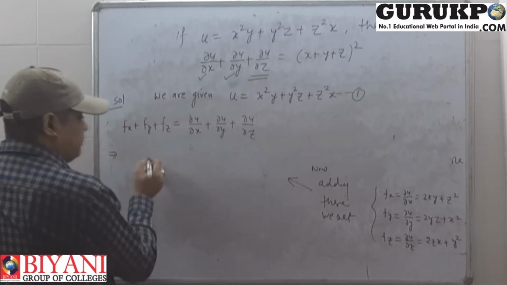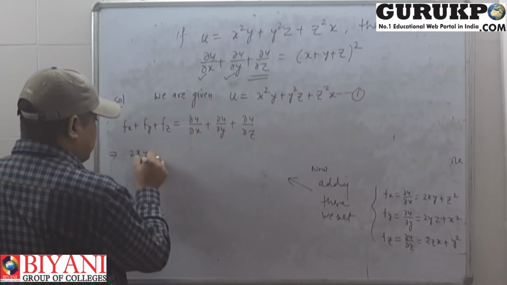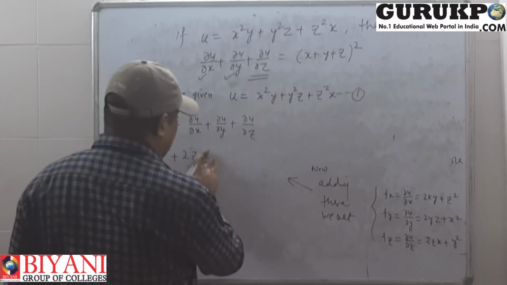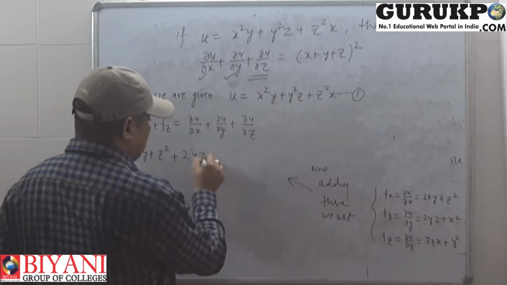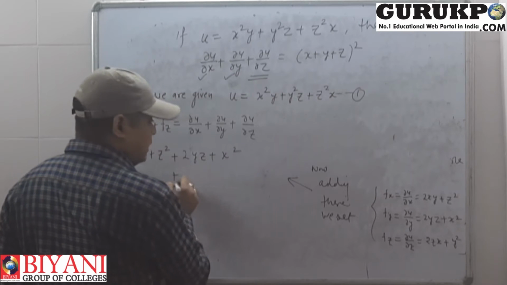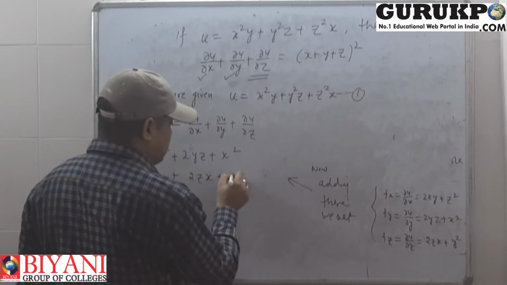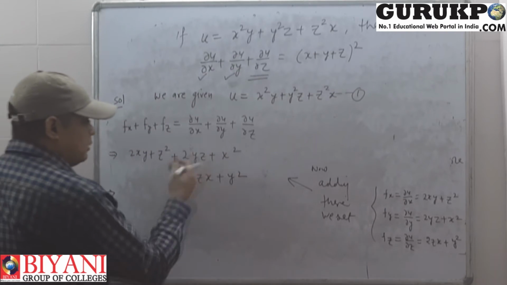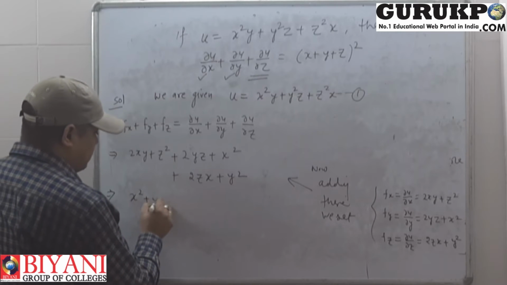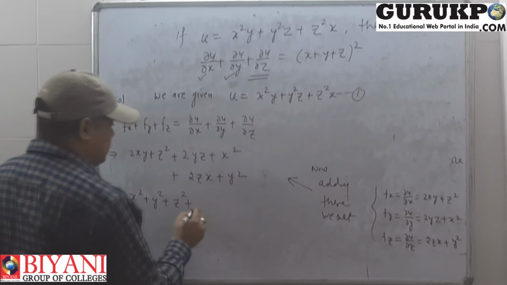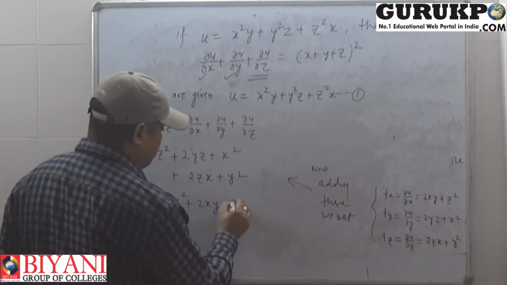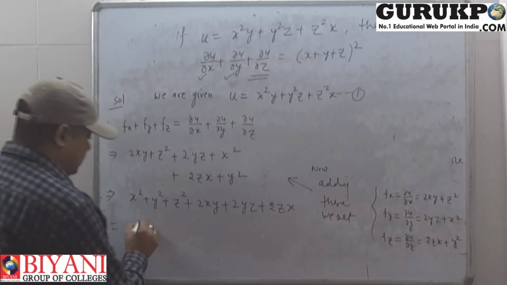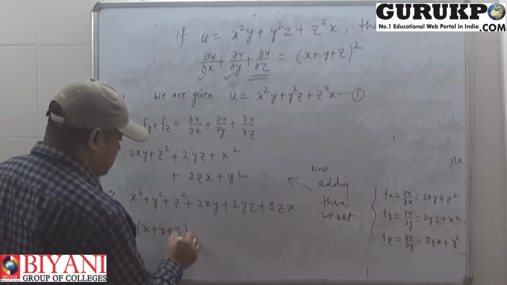This is 2xy plus z square, plus 2yz plus x square, plus 2zx plus y square. Keeping it in some standard manner, x square plus y square plus z square plus 2xy, 2yz, plus 2zx, and it is nothing but x plus y plus z whole square.